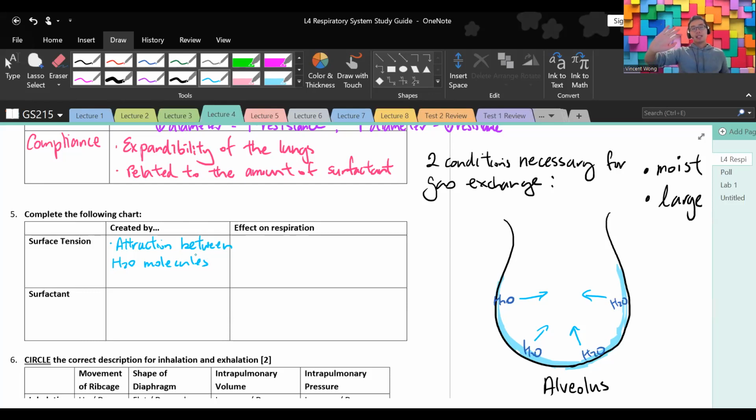Now, is that a good thing? Is that a bad thing? Well, it depends what you're trying to do, right? Okay, so in terms of breathing in and breathing out, do you think the surface tension will help with breathing in, or do you think the surface tension will help with breathing out? Inhaling or exhaling? Which one does it help with?